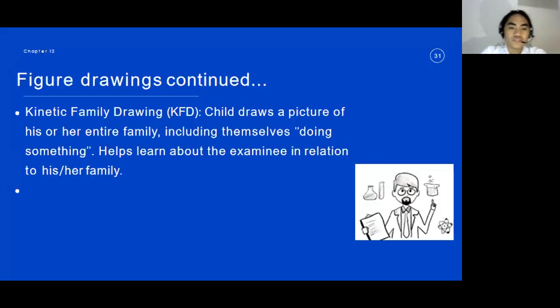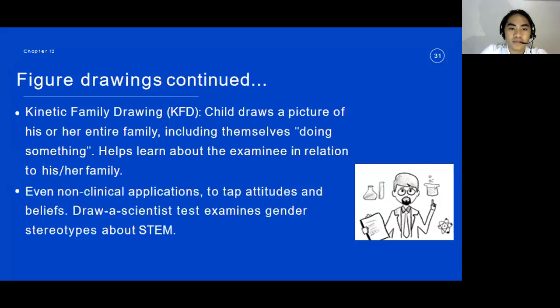Okay, another one for children is the kinetic family drawing. The child draws a picture of his or her entire family, including themselves, doing something. It helps learn about the examinee in relation to his or her family. There are even non-clinical applications to tap attitudes and beliefs. The draw-a-scientist test examines gender stereotypes about STEM, or science, technology, engineering, and math.